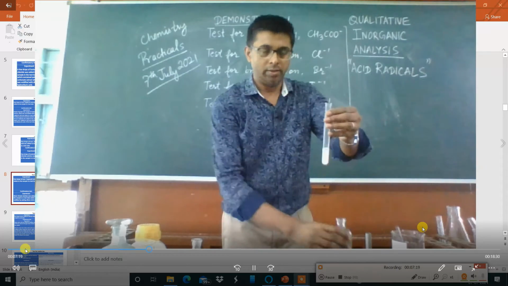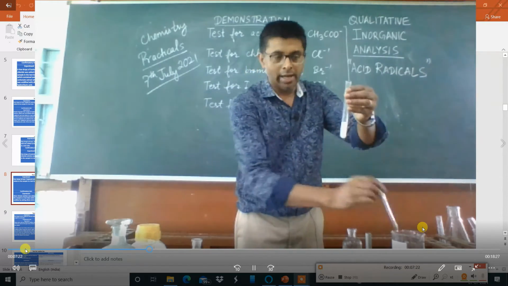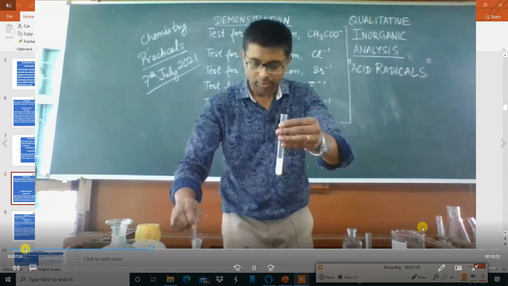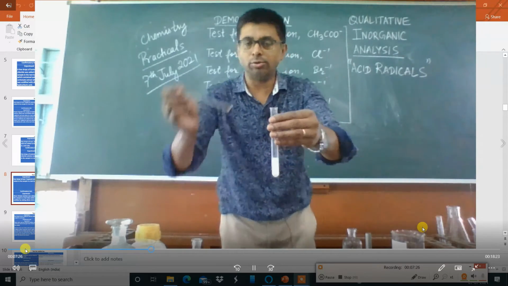You can see it is turning into a curdy white precipitate, silver chloride.